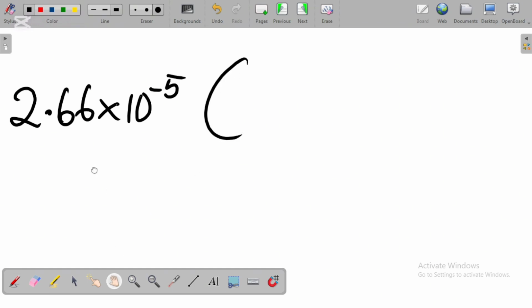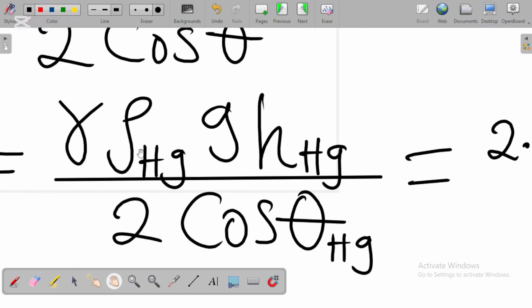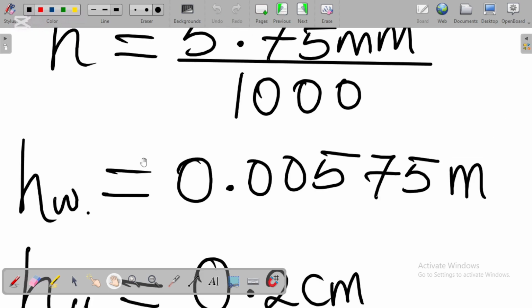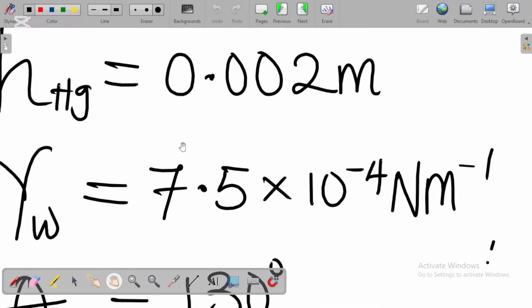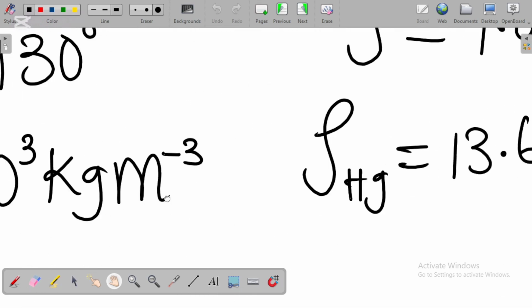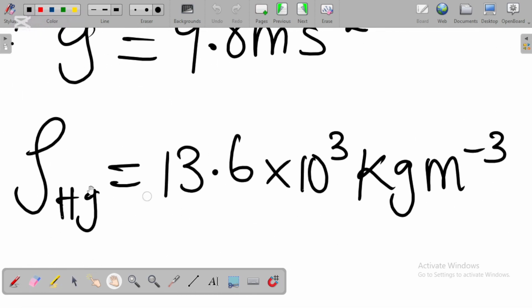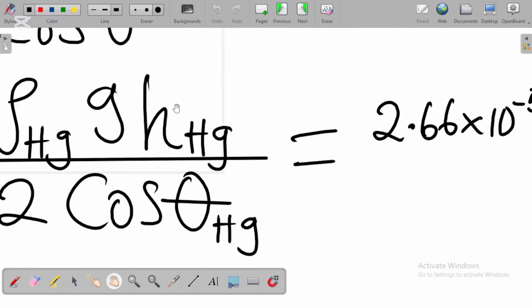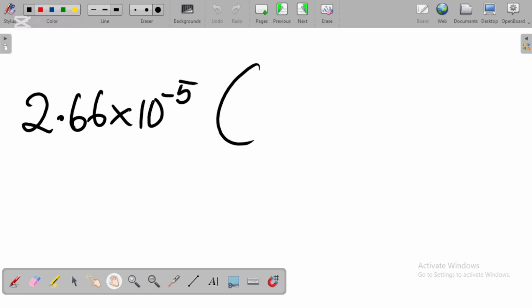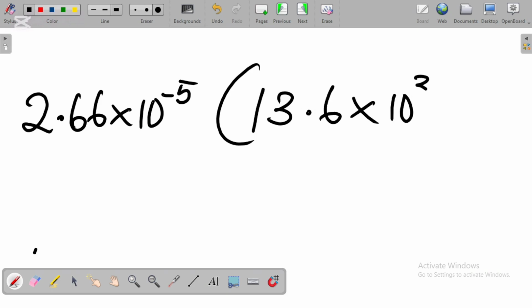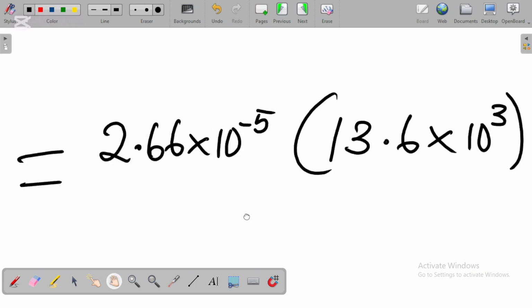Multiplied by, what's the next parameter here? The next parameter here is the density of mercury. So let's check. The density of mercury is 13.6 times 10 raised to the power 3. So you write here 13.6 multiplied by 10 raised to the power 3. What's the next parameter?